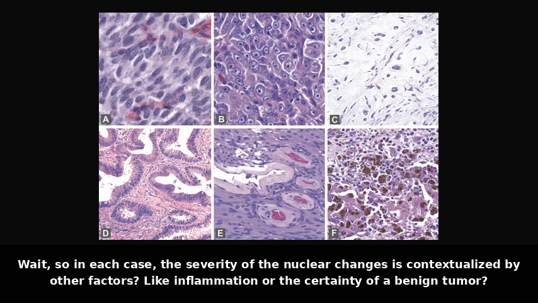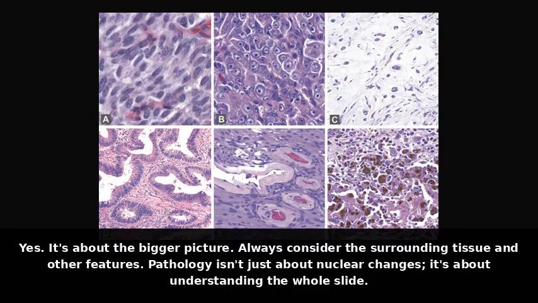Wait. So in each case, the severity of the nuclear changes is contextualized by other factors, like inflammation or the certainty of a benign tumor? It's about the bigger picture.